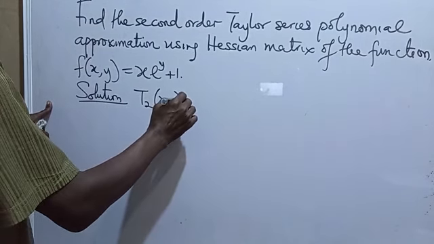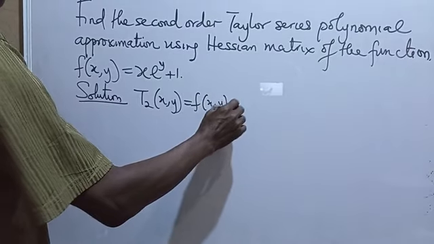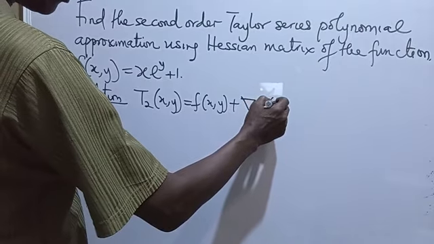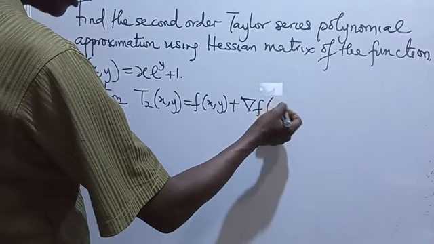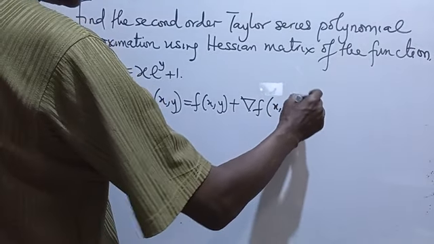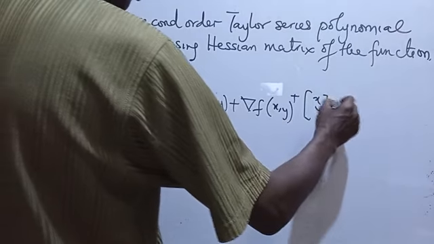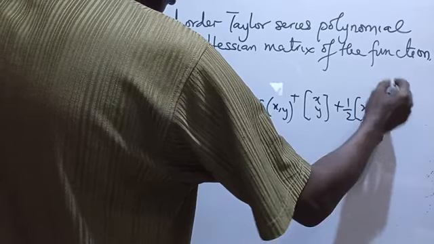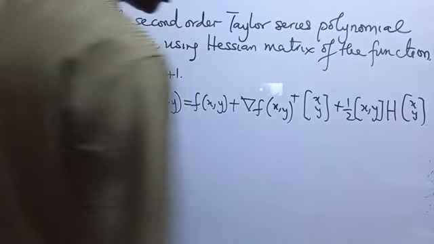T2(x, y) is equal to f(x, y) plus the gradient of f at the given point, let's say x, y as well, the transpose of that gradient with respect to x, y, then plus half of the Hessian matrix of f at x, y.